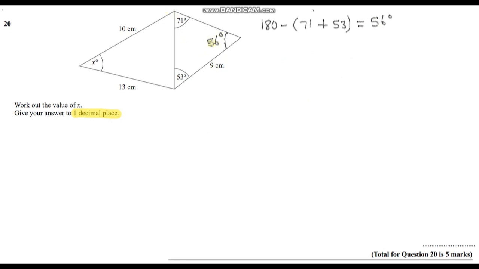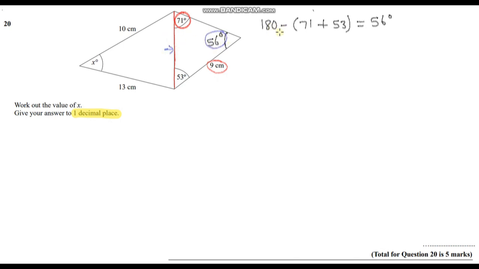And now with this, we are able to calculate this length here using the sine rule. The reason I'm using the sine rule is because I've identified pairs. So this angle here pairs up with this length. They are opposite one another. And this angle, the one we've just worked out, pairs up with this length.